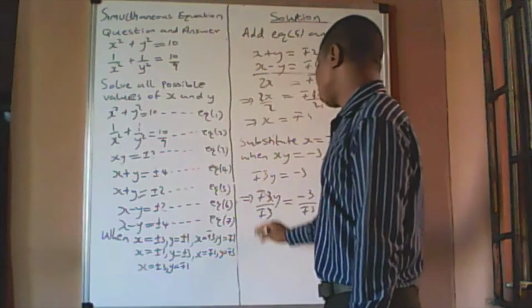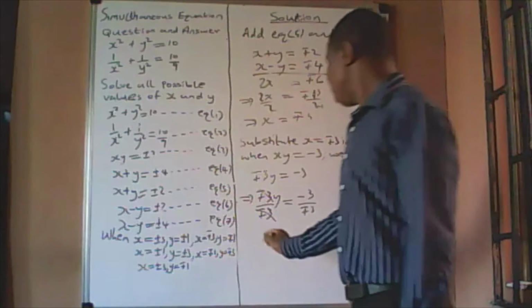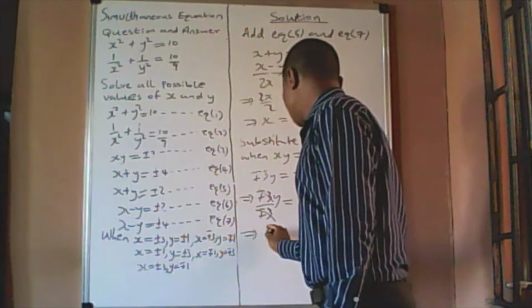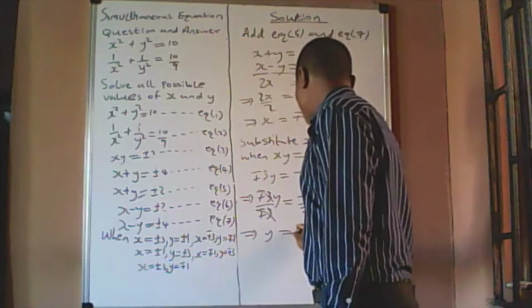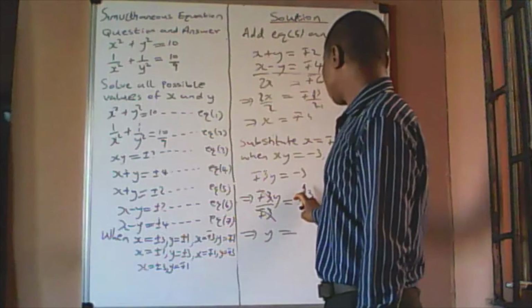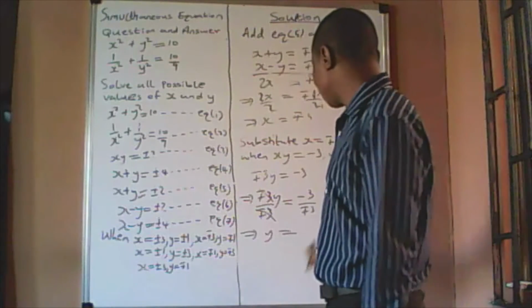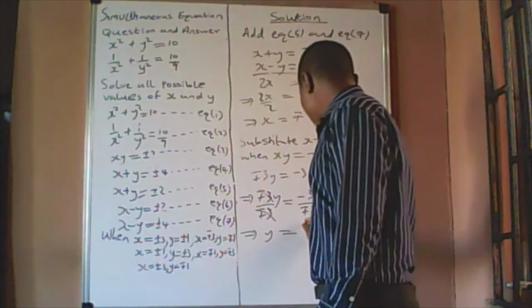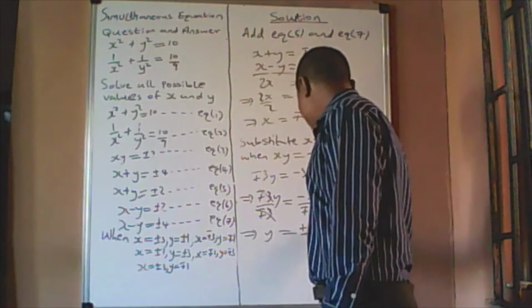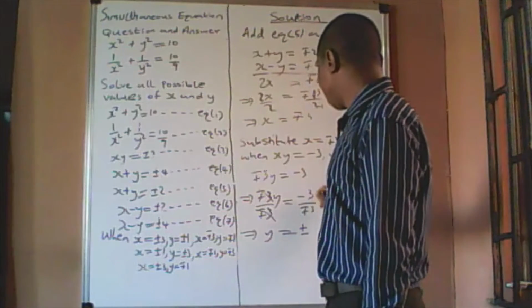Minus or plus 3 cancels minus or plus 3. It implies y equal to minus divided by minus gives us plus. That means we have plus or minus 3 divided by 3 gives us 1.